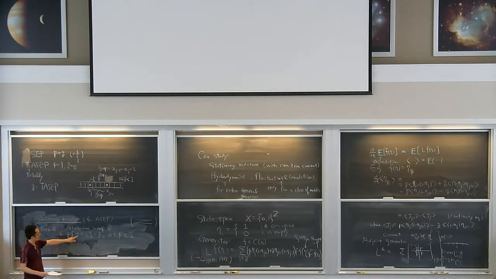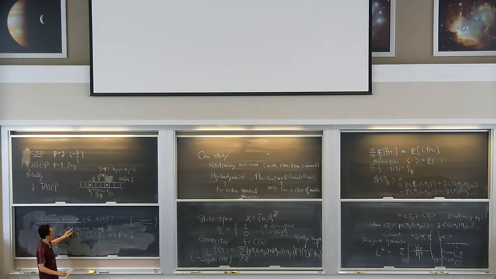So how can we check that this is the stationary measure? I think it is a bit easier to use this description. So this describes time evolution of the probability at sites j and j plus 1.